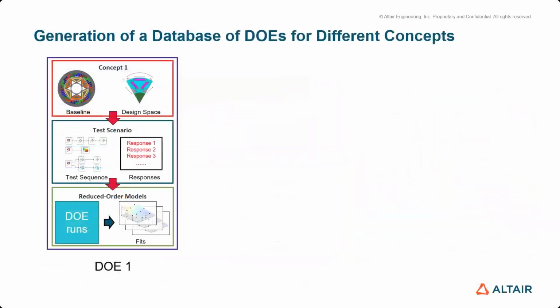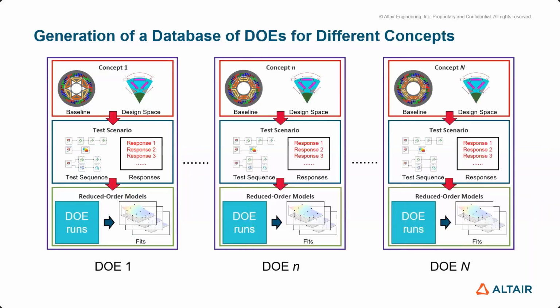So this is a general workflow of the tool. And usually most people, when doing such multiphysics optimization, just limit themselves to a single concept. And in the tool, you can extend to multiple concepts. So we generate DOEs for each concept. So here I have displayed 3 concepts, one with delta shape here.